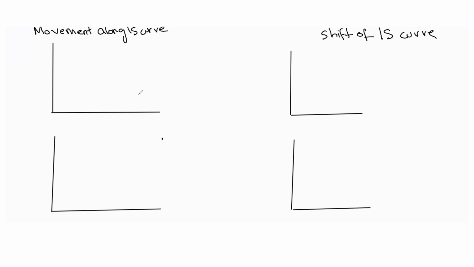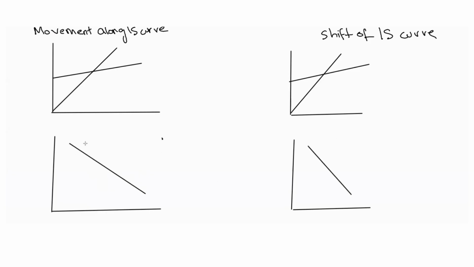Now let's make our main diagram. Over here we have the 45-degree line in both figures. And then we have our original demand schedule in both cases. And then in both cases, let's make an IS curve.